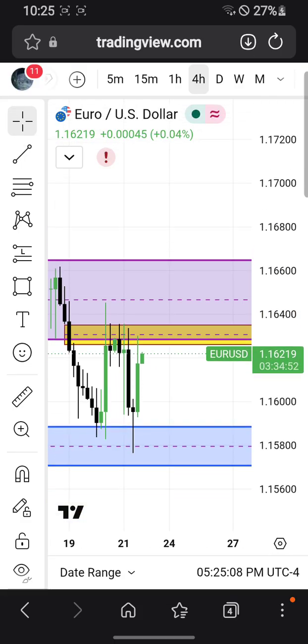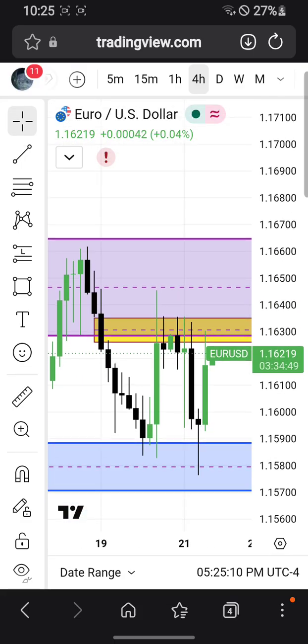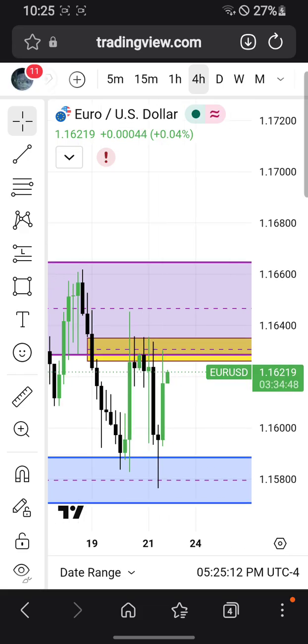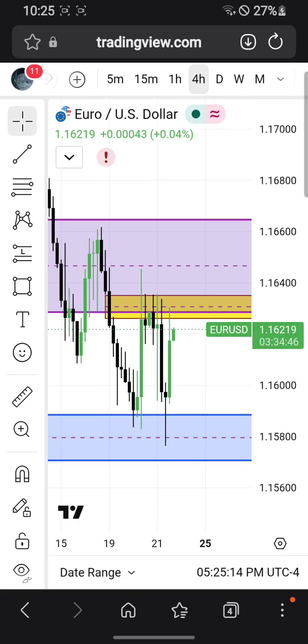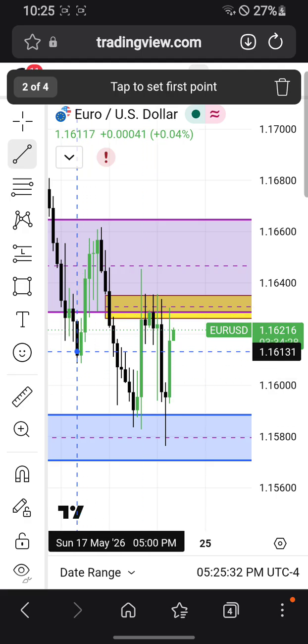In the morning, the origin of this trade, this daily fair value gap right here, that is the previous day's low. Then it created a 4-hour fair value gap when price entered there to take this low yesterday, like this. When that happened, it happened in the form of SMT, when they took that low yesterday.